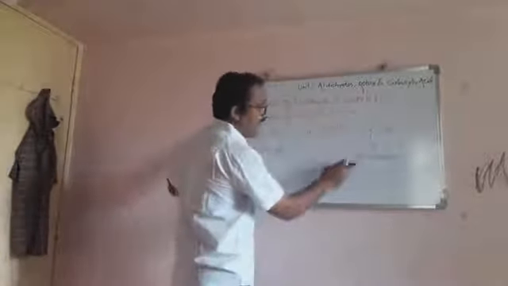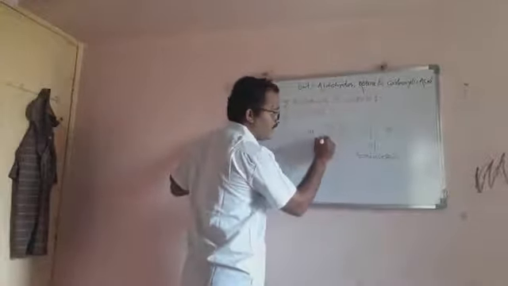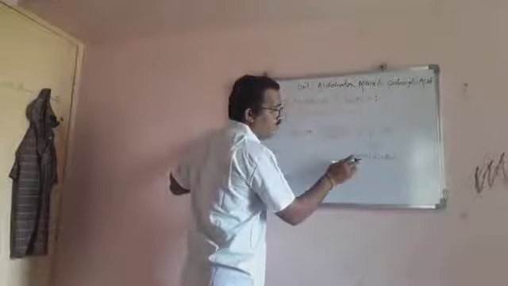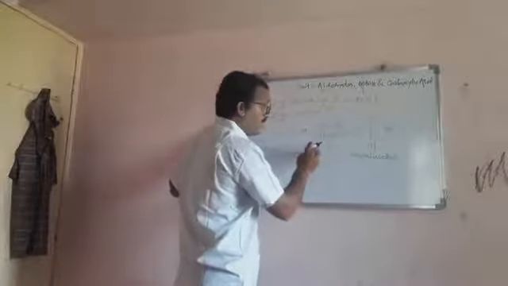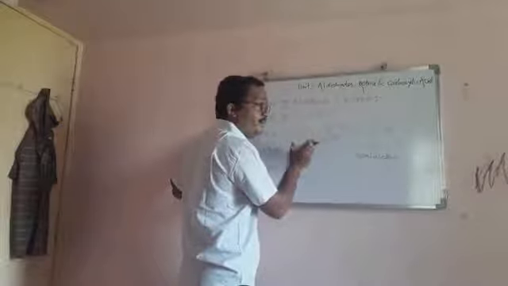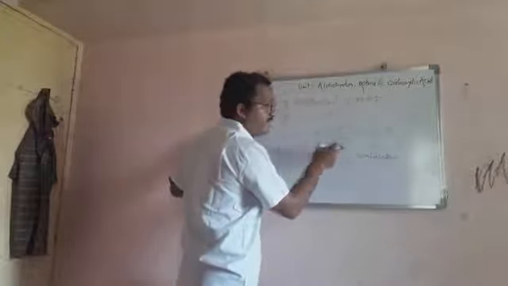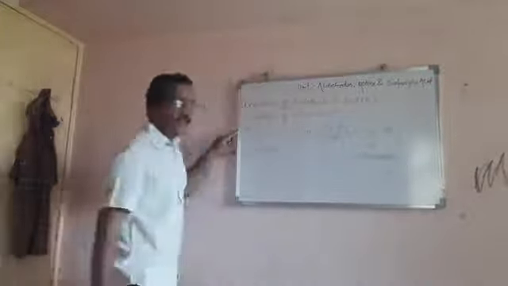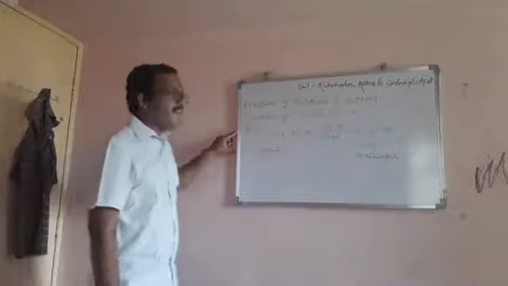And this hemiacetal again reacts with another monohydric alcohol in presence of dilute HCl to give the corresponding stable compound, that is acetal.